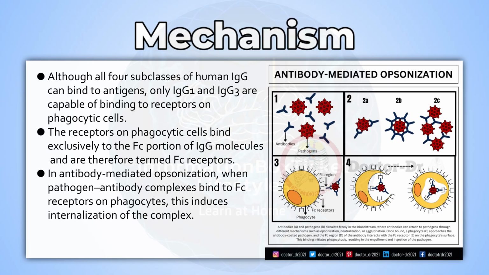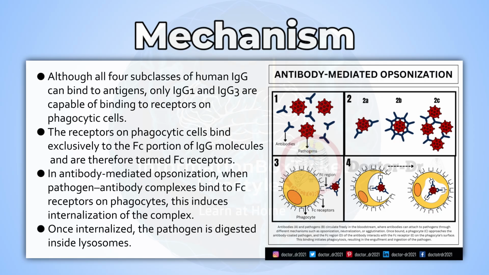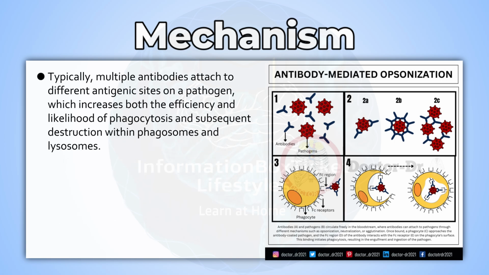In antibody-mediated opsonization, when pathogen-antibody complexes bind to Fc receptors on phagocytes, this induces internalization of the complex. Once internalized, the pathogen is digested inside lysosomes. Typically, multiple antibodies attach to different antigenic sites on a pathogen, which increases both the efficiency and likelihood of phagocytosis and subsequent destruction within phagosomes and lysosomes.